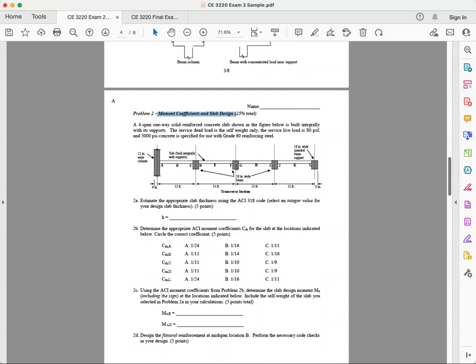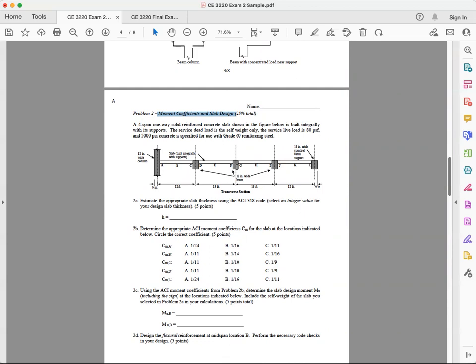And last but not least, tomorrow, the column design. So you think of the 4 problems we're going to have: most likely one big problem for shear, one big problem for moment coefficient and one-way slab, one big problem for deflection, and one big problem for column. So that's naturally 4 problems.